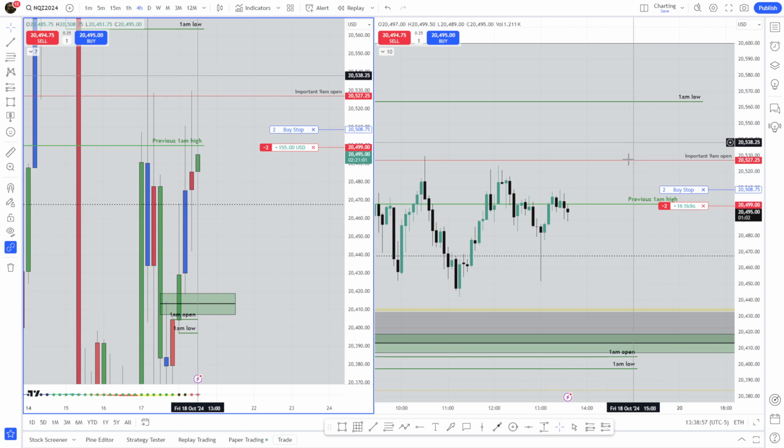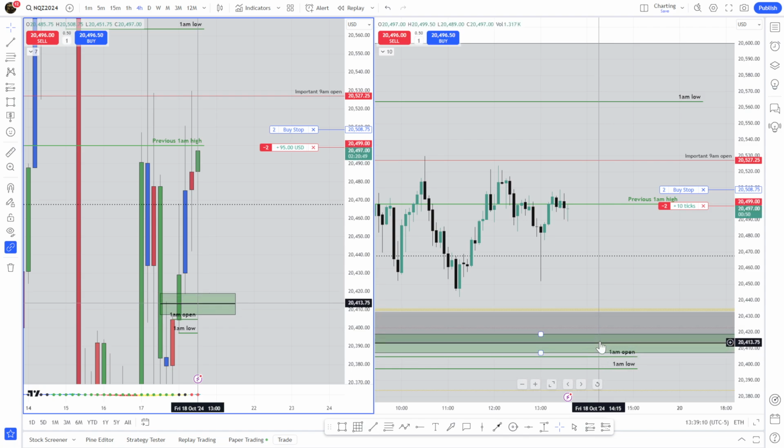So if we get price that decides it wants to move upward, maybe we can capture 50 handles. If we get down to our open or fair value gap, we're looking at 80 handles. So there's a decent amount of handles at play here if we're looking for this candle to deliver to another 1 o'clock candle.